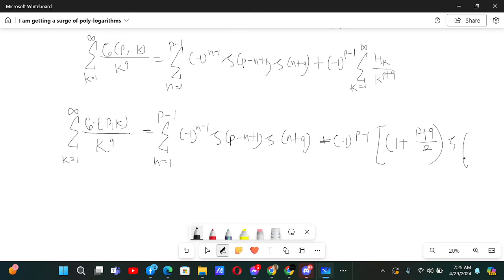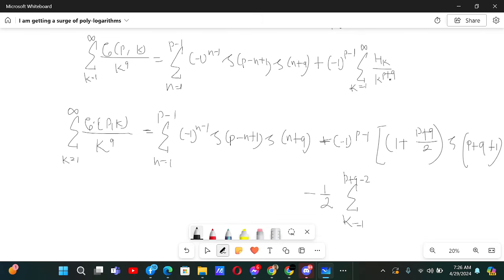After that we basically have Riemann zeta function of p plus q plus 1, and then minus 1 by 2, in the same bracket sum from k equals 1 to p plus q minus 2.